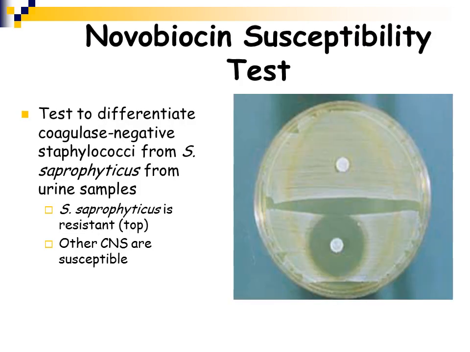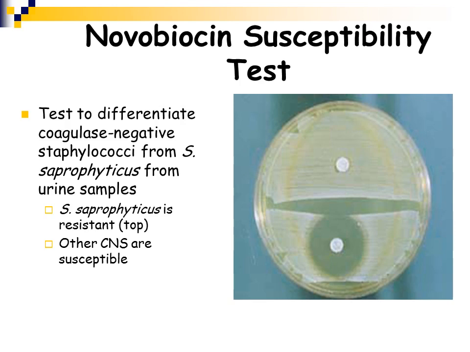In the Novobiocin susceptibility tests, you would take your organism and streak it out as a lawn on a plate, and you would put a Novobiocin disc onto that plate. So you can see in this slide, on the top, that organism is resistant. It's resistant because it's able to grow right up against that disc containing Novobiocin.